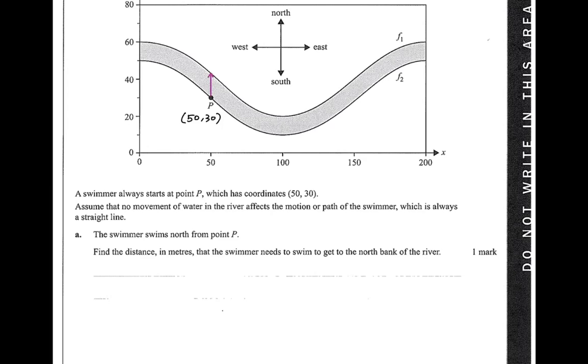Right, if we realize this distance is always the same between the 2 boundaries of the river, you can easily see this is 50, right? And this is 60. So the distance is just 60 minus 50, which is 10 meters, okay?